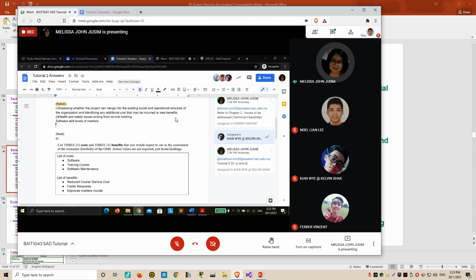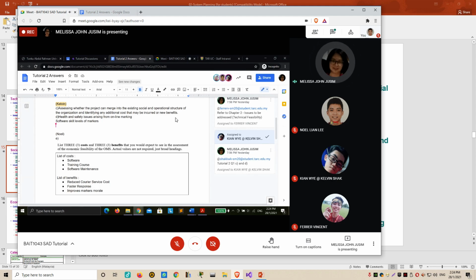Scanning of the booklet and uploading it to the system. Yeah, the software cost, training costs. What else? Software maintenance cost. Yeah. Here we're talking about the OMS. Okay, the OMS we need to maintain every year.